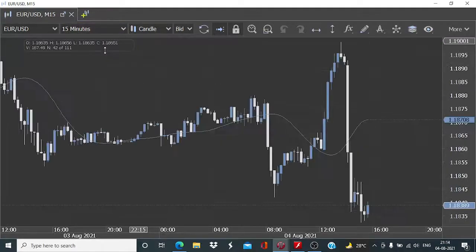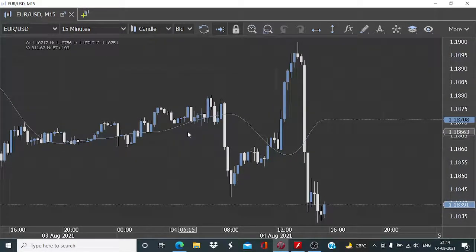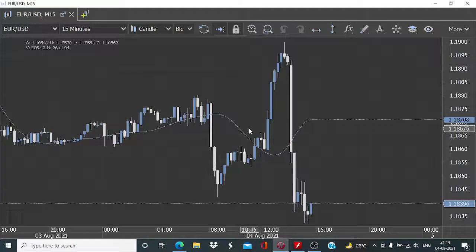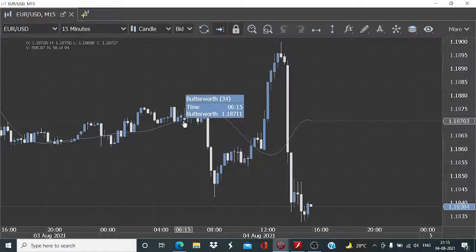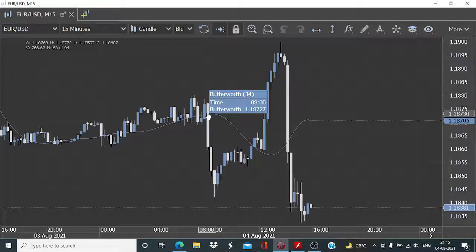Okay, so let's shift our attention to the lower time frame of 15 minutes. On the 15 minutes, we need the turnaround to have happened recently, and by recently we are going to define the limit of 3 hours. In the last 3 hours only the turnaround should have happened. Prior to that, the Butterworth indicator output on the lower candle period of 15 minutes needs to have been rising.